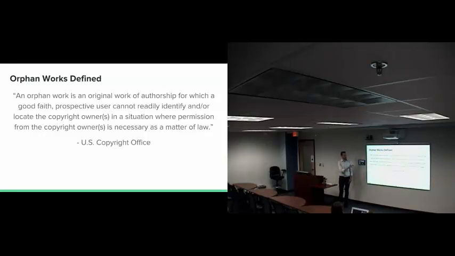For material that's still under copyright, however, you generally need permission for many different uses of the work, and so it's a problem if you can't identify the person or organization you need to go to for permission, because it effectively stalls any attempts to reuse the material. In the context of libraries, this most often comes up in providing access and preservation to copyrighted materials in our special collections and archives, but also in our collections more broadly.